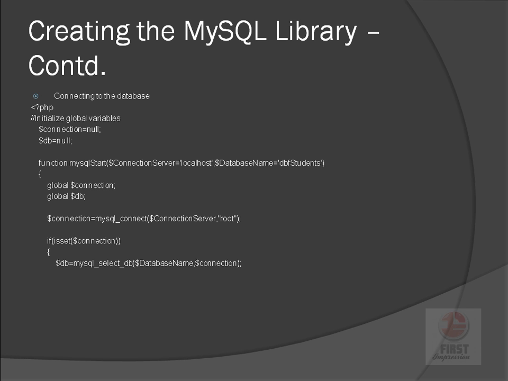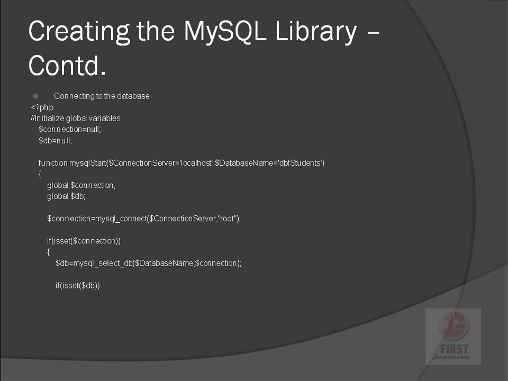This function takes in two arguments. The first argument is the name of the database that you want to select. In our case, the database name is DBF students. The second argument is the connection, that is from what database server you want to select this. From this connection, we have to select the database DBF students. Then we will check if the database was set.